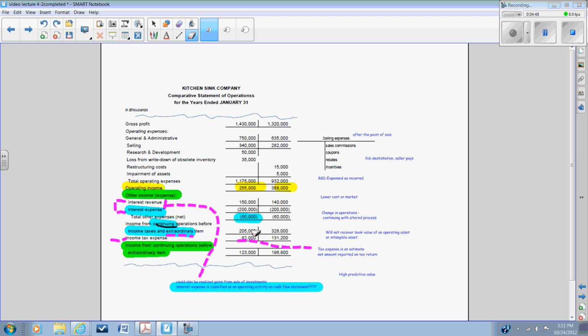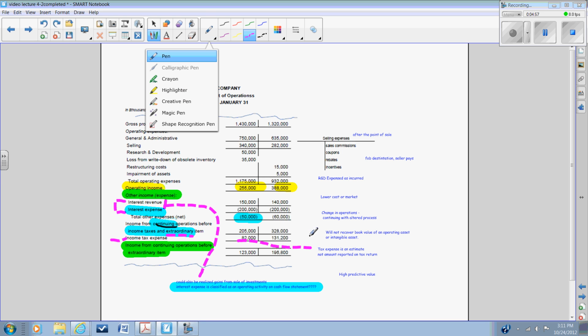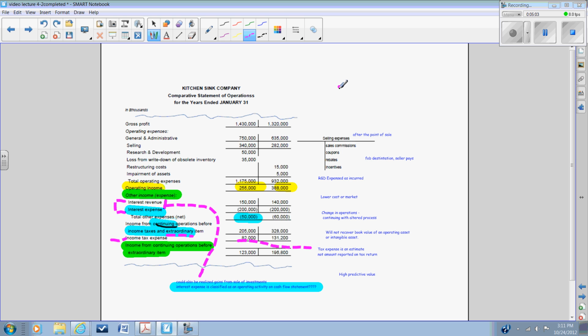This is a match to the revenue for the period, not the amount that is going to be reported on a company's tax return. We'll talk more about how income tax expense is recognized and measured in Intermediate 3.